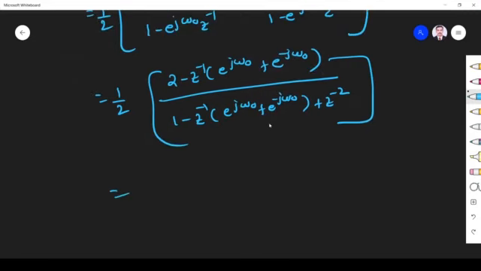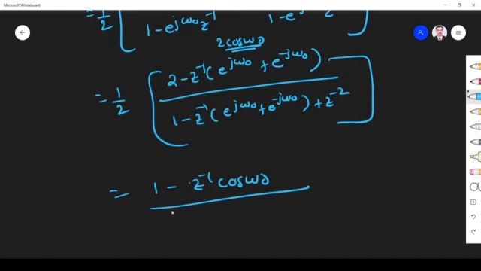We know e power j omega naught plus e power minus j omega naught is 2 cos omega naught. So in the numerator I take 2 outside: 1 minus z inverse cos omega naught. This 2 and the denominator 2 will be cancelled. In the denominator, 1 minus 2 z inverse cos omega naught plus z power minus 2.